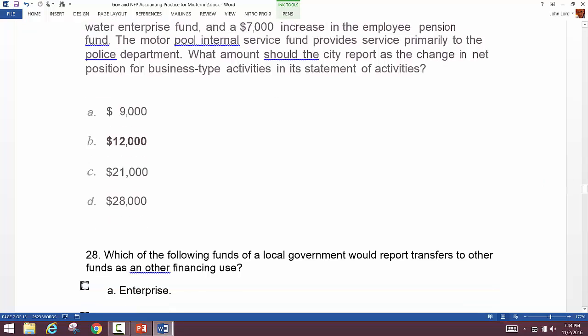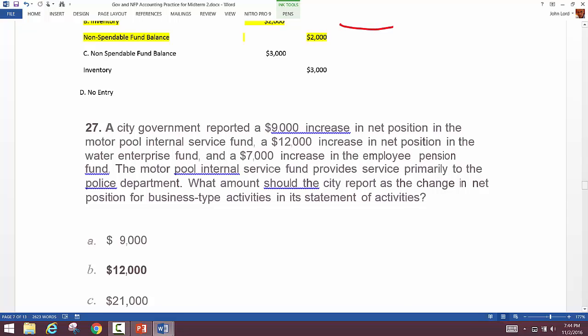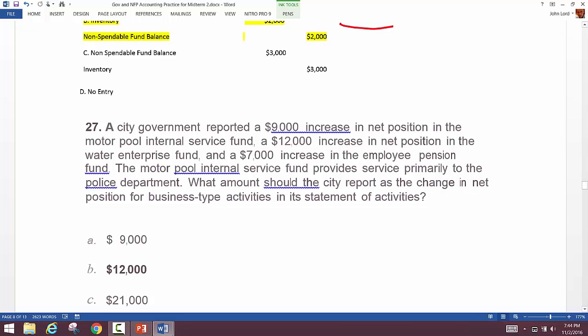Okay, good. Number 27. A city reported a $9,000 increase in net position in the motor pool internal service fund, $12,000 increase in net position in the water enterprise fund, and $7,000 increase in employee pension plan. The motor pool internal service fund provides services primarily to the police department.